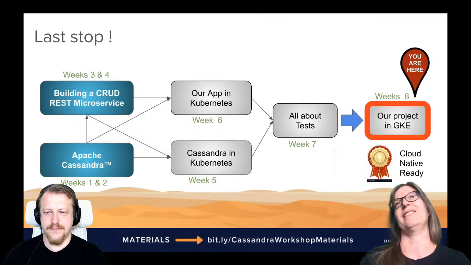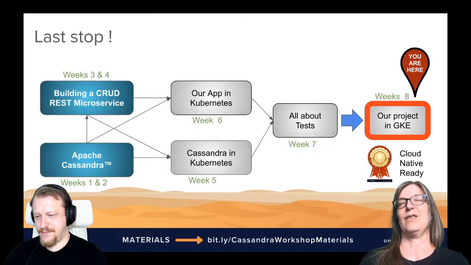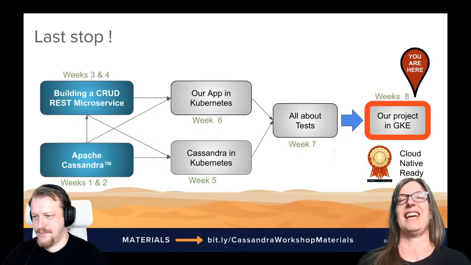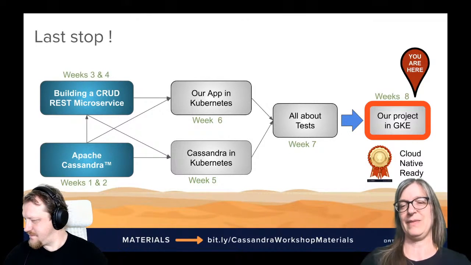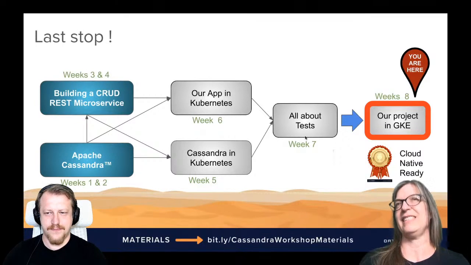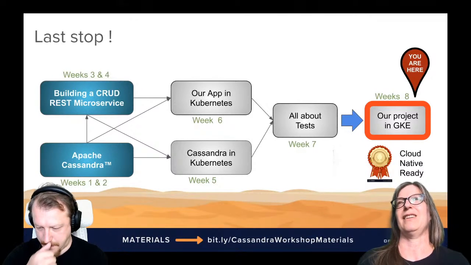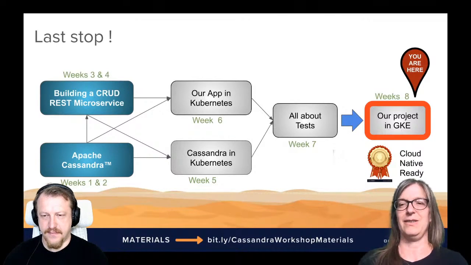We rolled it out. We connected to Astra and to the Kubernetes Cassandra installation that we had managed by the Cass operator. And last week, David and team showed you all the various methods that you have to stress test your application, simulate load, simulate data in order to understand how it actually behaves under load.